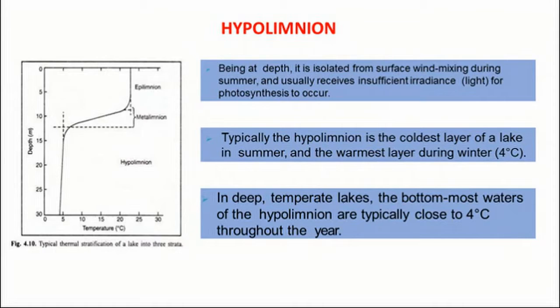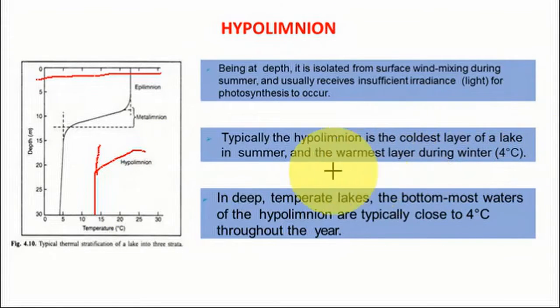Obviously, during summer or any period when the lake is full, this hypolimnion hardly receives any light, and there is no wind mixing because it is the interior, at the depth of the lake. In very deep lakes, it is the aphotic zone where light cannot reach.